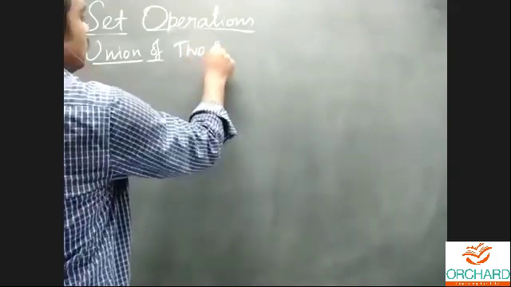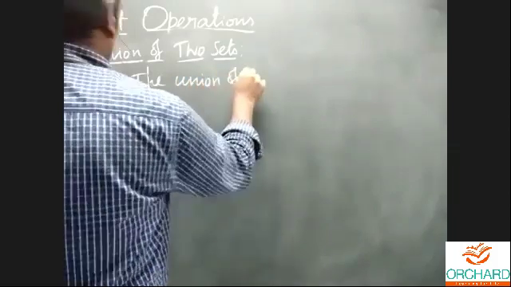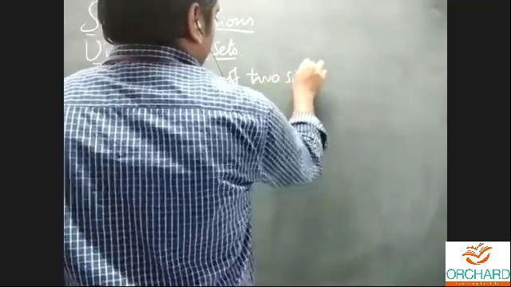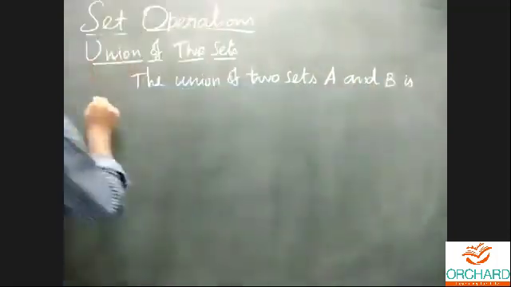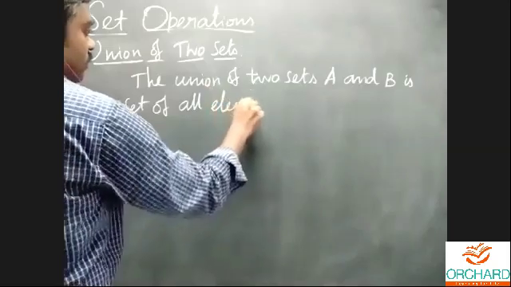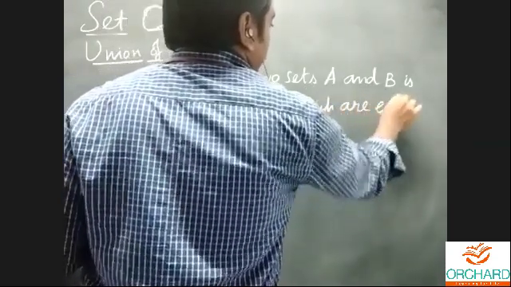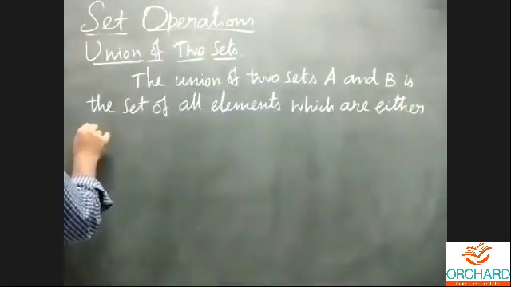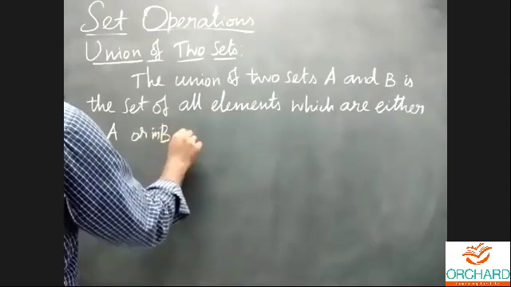Union of two sets. The union of two sets A and B is the set of all elements which are either in A or in B, or in both.